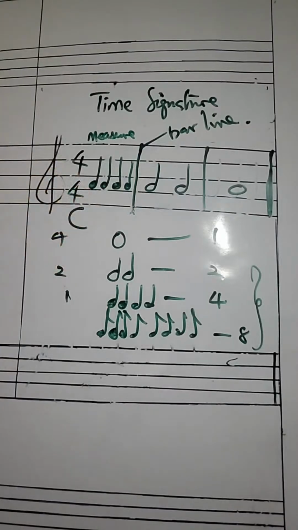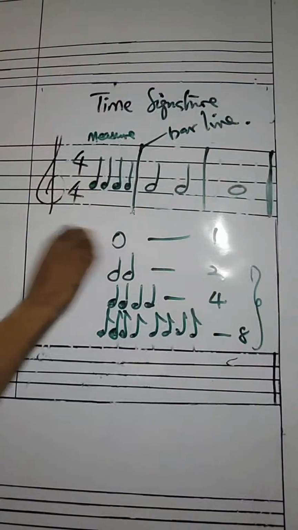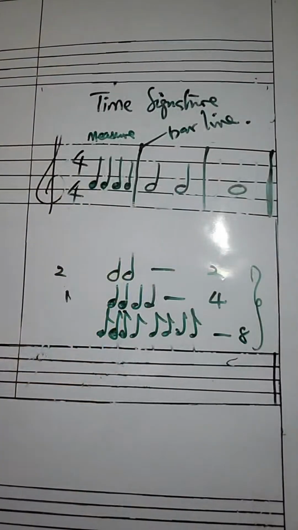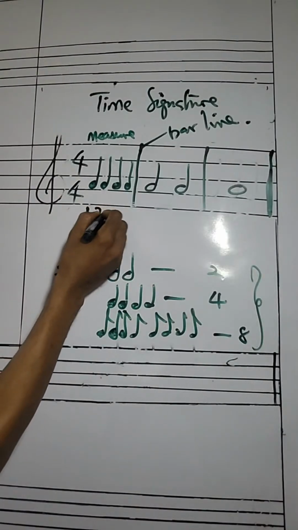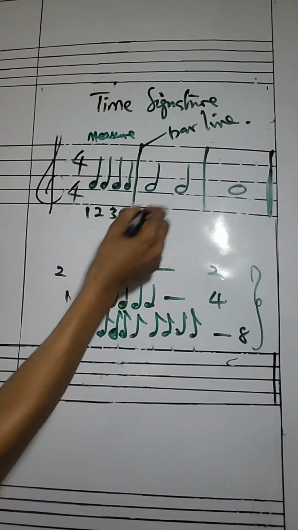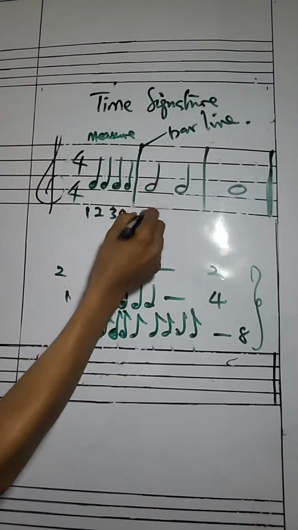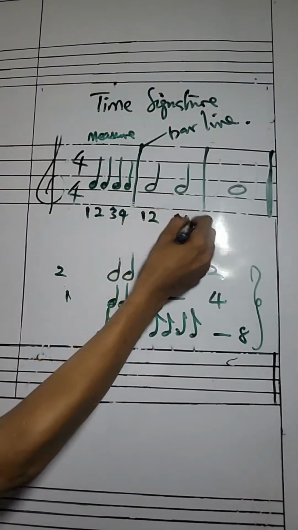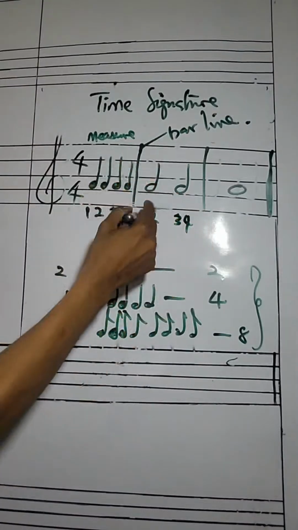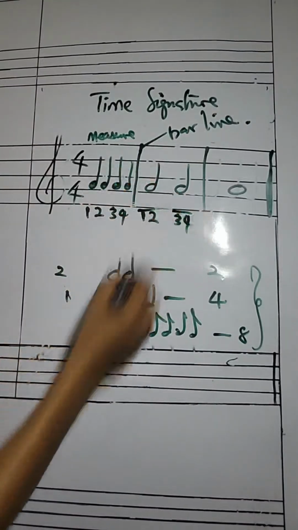So let's count the beats here. We have here one. You know, we said we have four beats in a bar. So here we have 1, 2, 3, 4. The same thing here. So these two notes now are taking 1, 2, 3, 4.